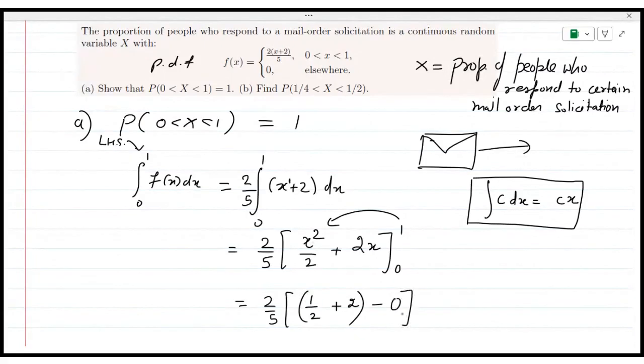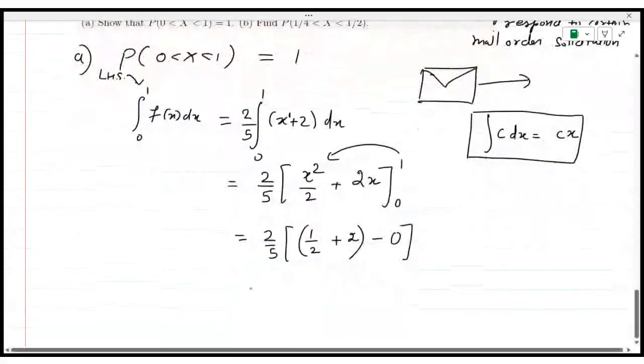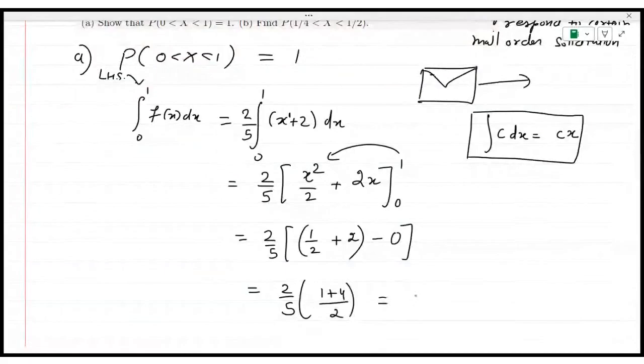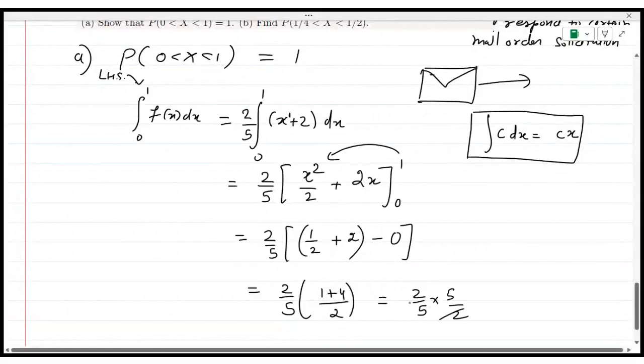So upper limit minus lower limit. Now take the LCM. So 2 by 5 as it is. If you take the LCM here, you will get 1 plus 4 divided by 2, which is 2 by 5 into 5 by 2. So 2 cancels, 5 5 cancel. What we got is 1, which is equal to the right hand side.